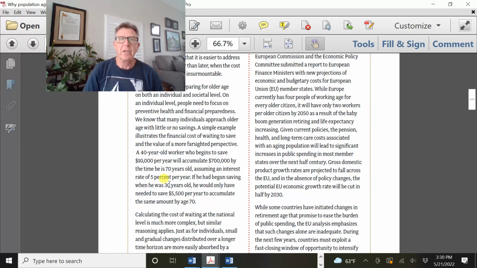So you're going to put 10 grand a year in, and this is a fairly conservative return on investment, 5% a year. It all depends on how this interest is compounded. You're going to learn about compound interest. Every year, if you have a dollar and it gains 5%, then the next year it is $1.05.